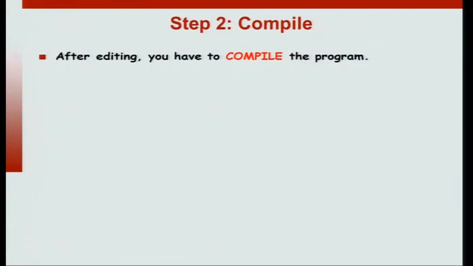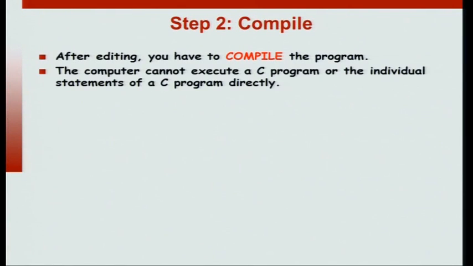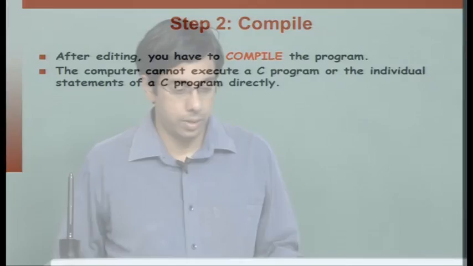Once your code is saved, you have to compile the program. Now, why do we have to compile a program? Why is this step necessary? The computer does not understand C per se. Okay, it cannot execute a C program or the individual statements in the C language directly.